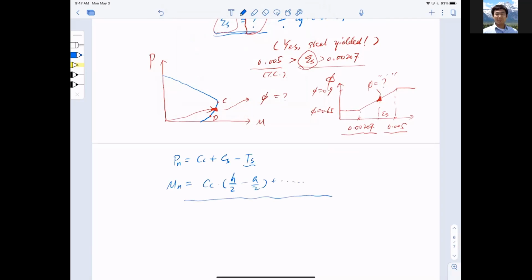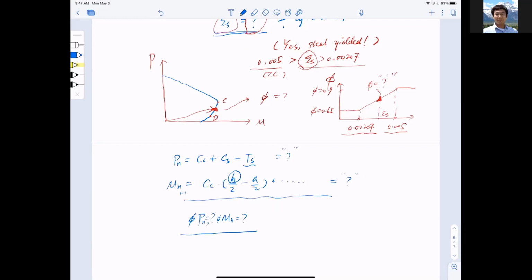And since we don't have to flip the section because this is one axis, the height is still H. Once you have that, plug in the phi you found from the previous step to get phi Pn and phi Mn. All right, so this is the entire problem.